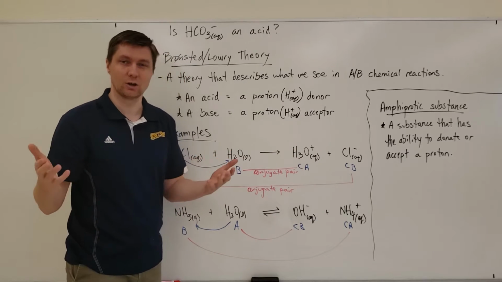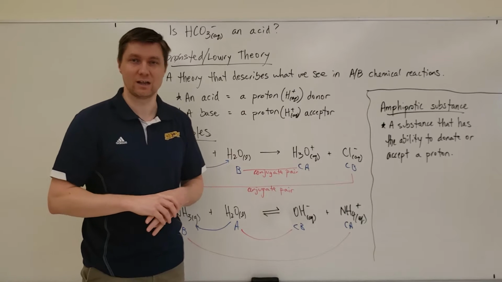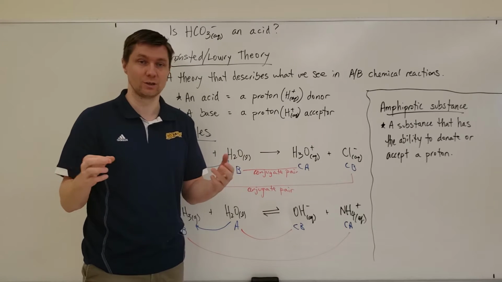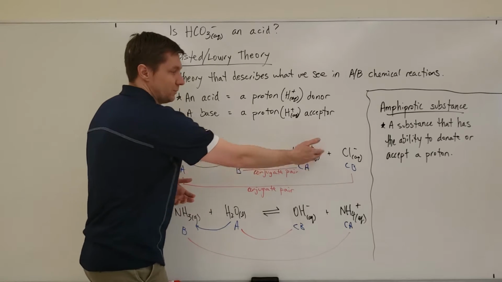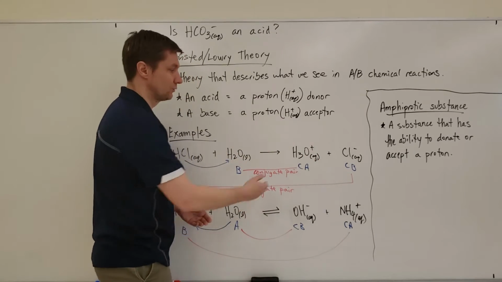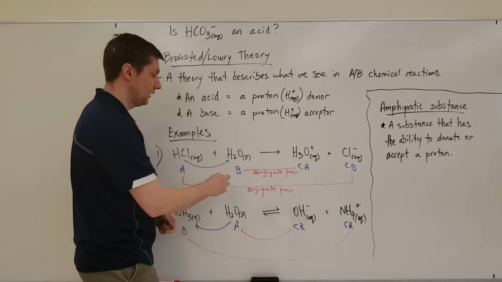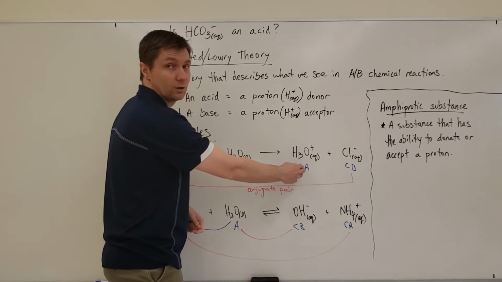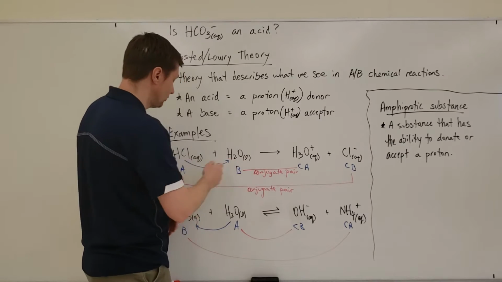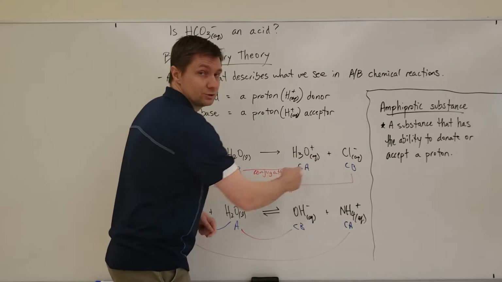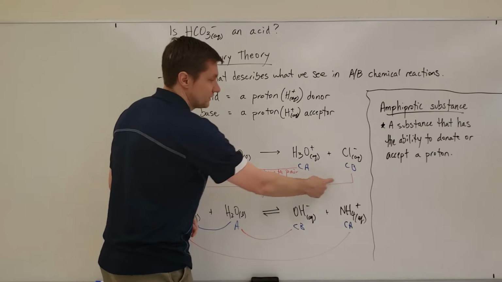If you've ever taken a Spanish or French class, when you conjugate verbs, you're just changing the verbs from one form to another. So this has been changed into an acid, so we call it a conjugate acid. This base turned into the conjugate acid, so we call that a conjugate pair. Also, this acid turned into this conjugate base, and so we call this a conjugate pair.